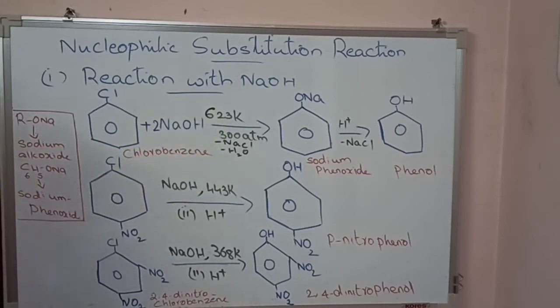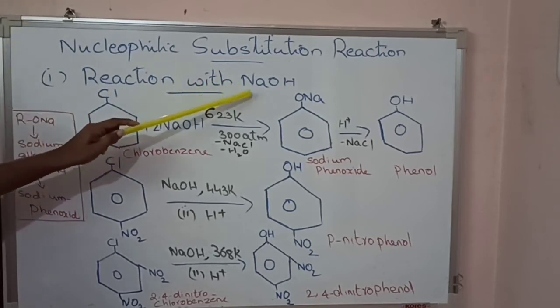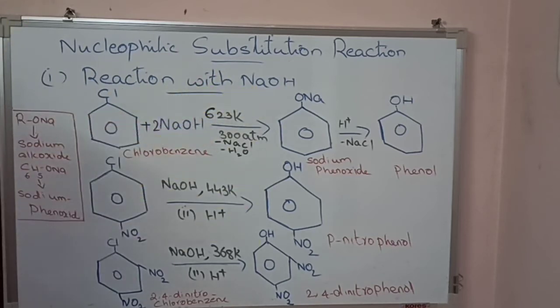You have learned the reaction of haloalkane with NaOH. Do you remember that reaction? What is the product you got there? Yes. On treating haloalkane with NaOH, we will get the corresponding alcohol. Here also, on treating this haloarene like chlorobenzene with aqueous NaOH, you will get the corresponding alcohol.